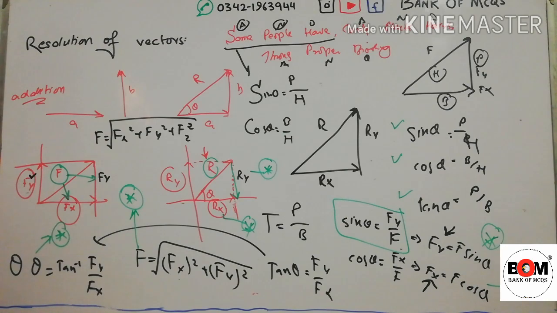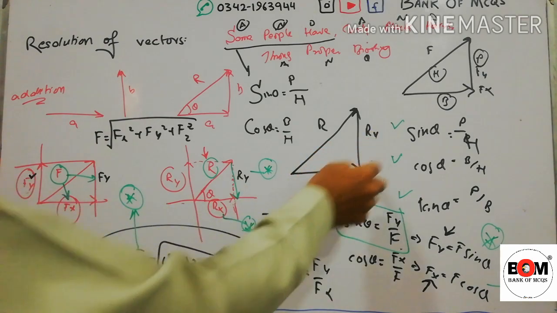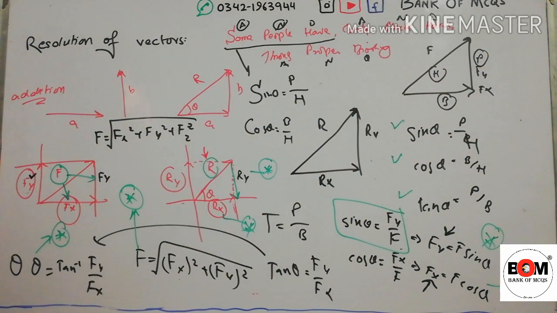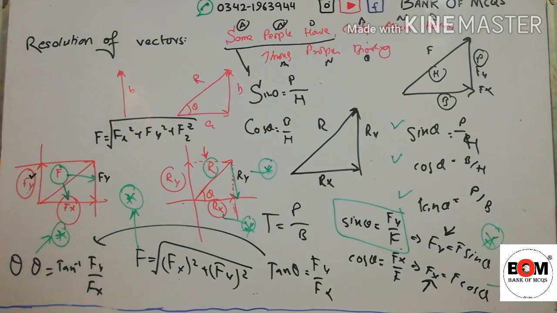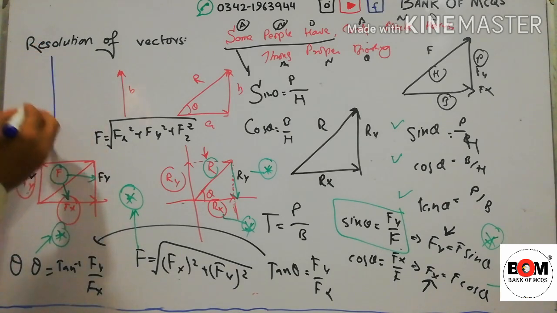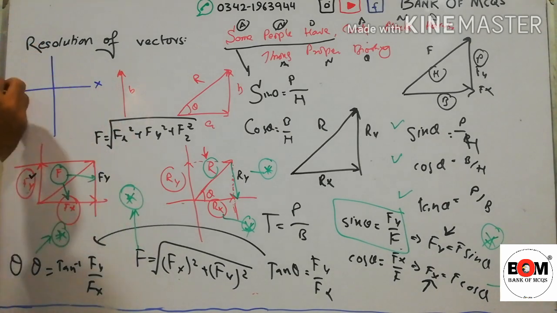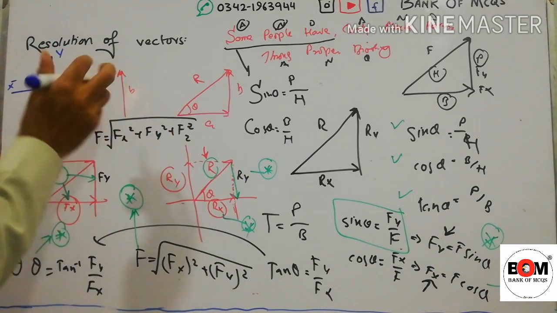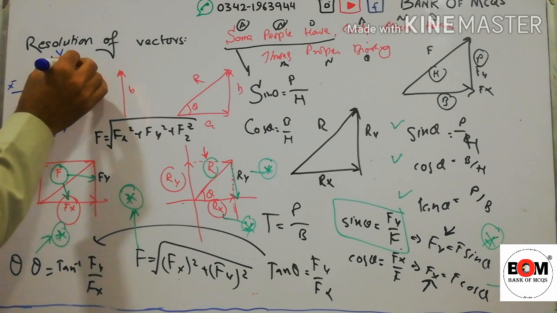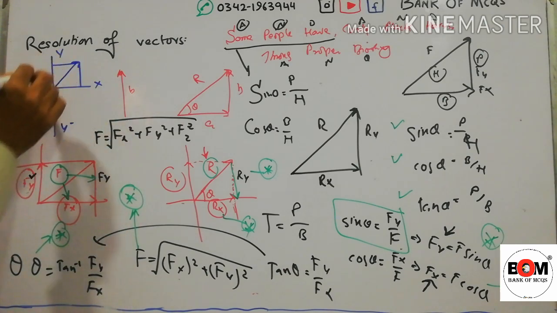Now if they have given Fy and Fx, then according to the Cartesian coordinate system, this is the Cartesian coordinate system, x minus, y minus. This is the given vector of which both x and y components are positive.